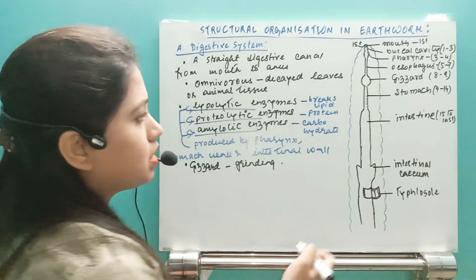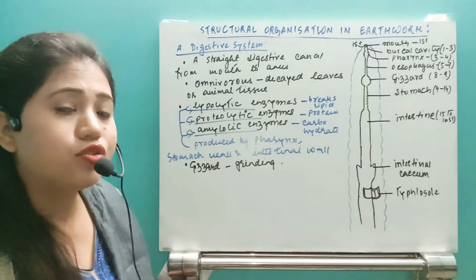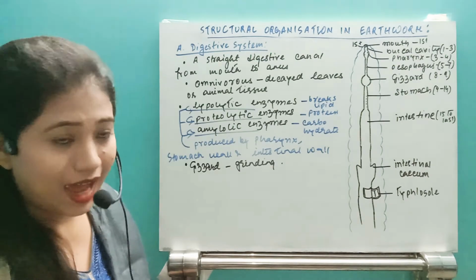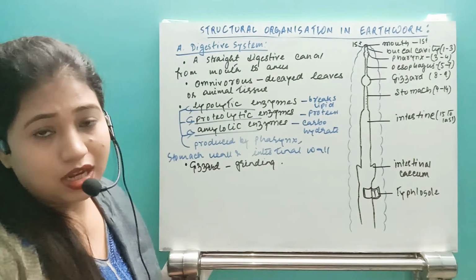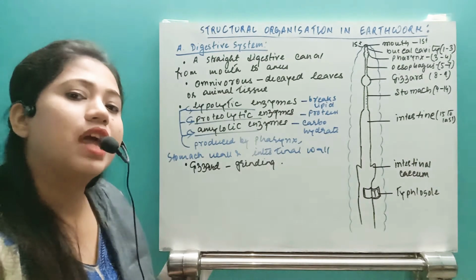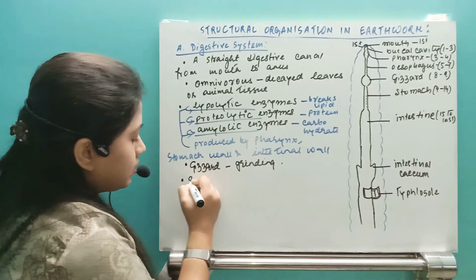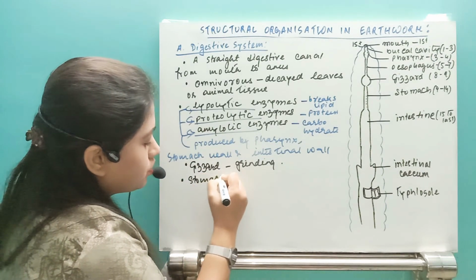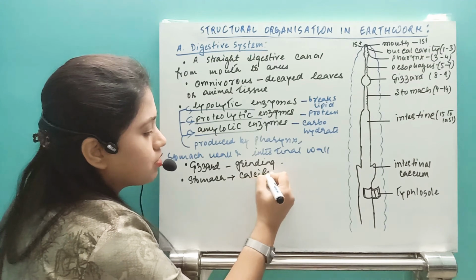Next, from the gizzard the food will pass to the stomach. The stomach also has digestive glands which contain all these three enzymes. Additionally, in the stomach there is another type of gland present, known as the calciferous gland.